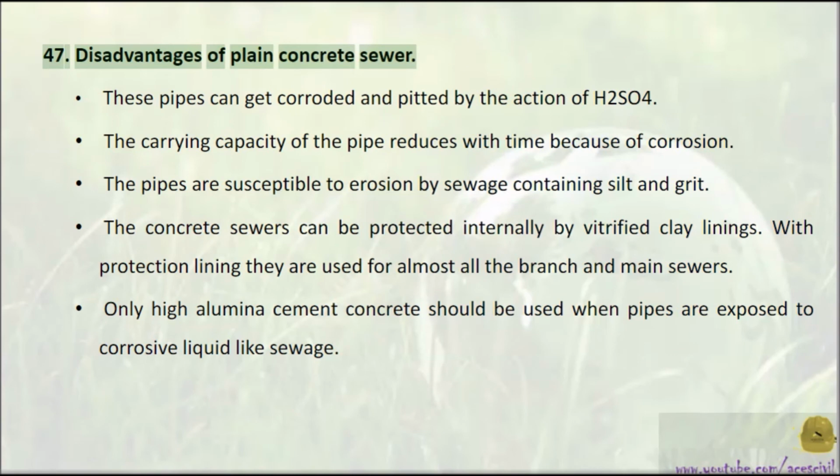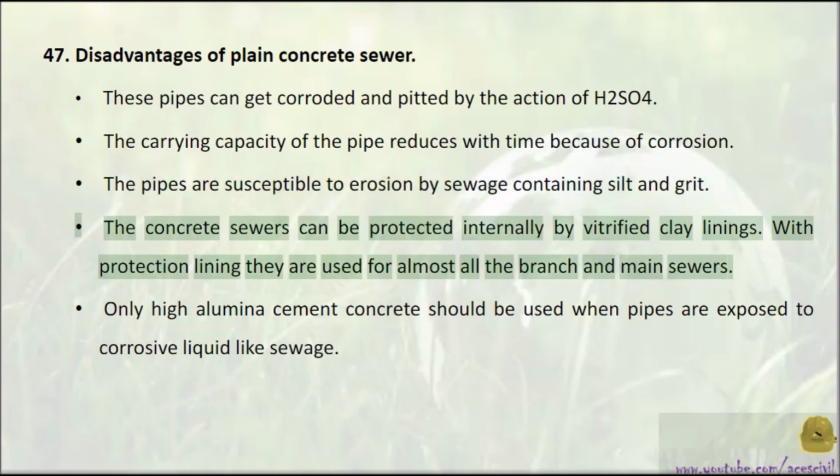Disadvantages of plain concrete sewer. These pipes can get corroded and pitted by the action of H2SO4. The carrying capacity of the pipe reduces with time because of corrosion. The pipes are susceptible to erosion by sewage containing silt and grit.